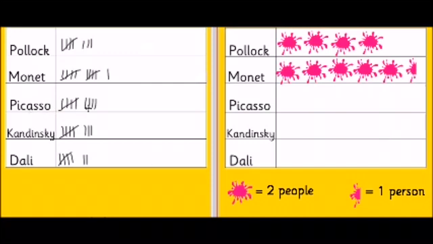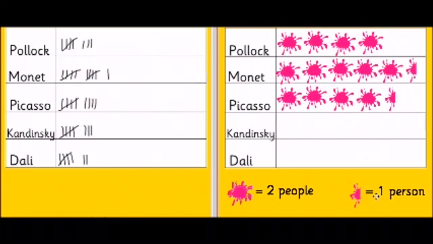Okay, so for Picasso, we had 9 people. 2, 4, 6, 8. But if I try and plop another splat in, I'm going to have 10 when I only need 9. So I will need to put one of those half splats up. So I have got 2, 4, 6, 8, 9 people.